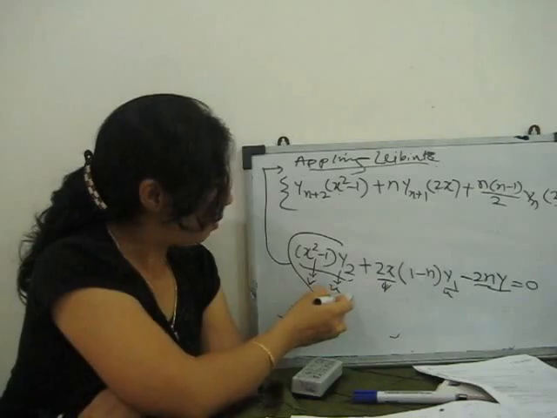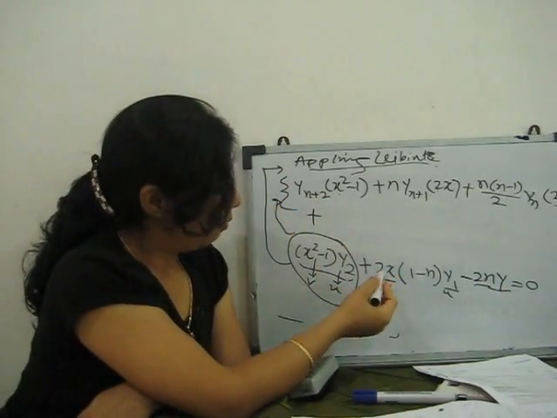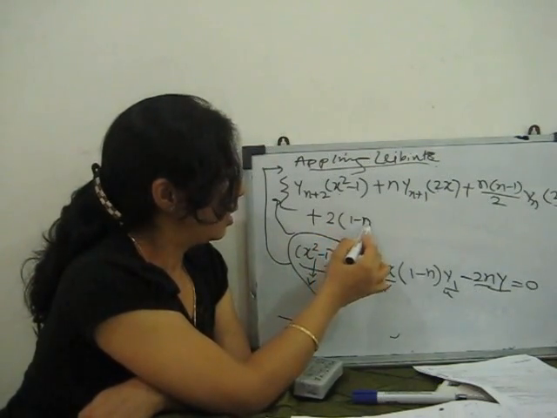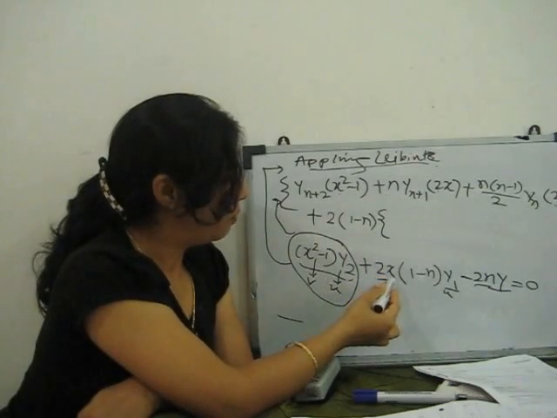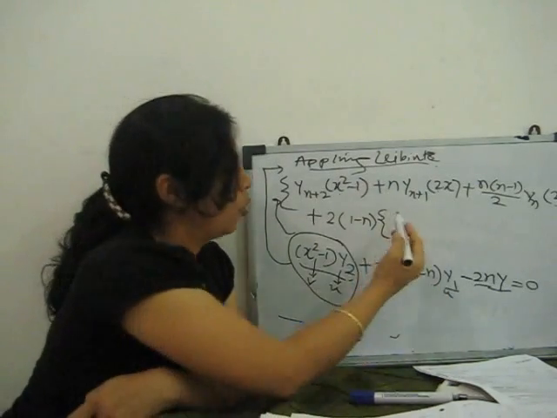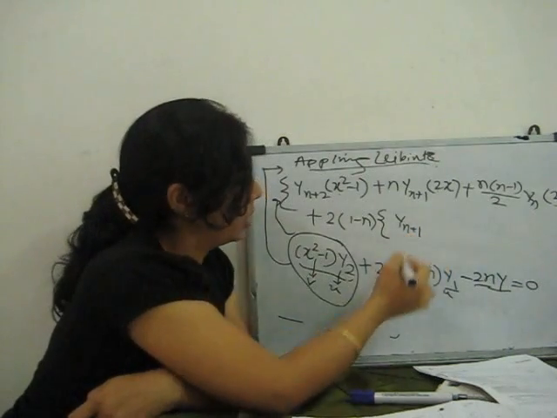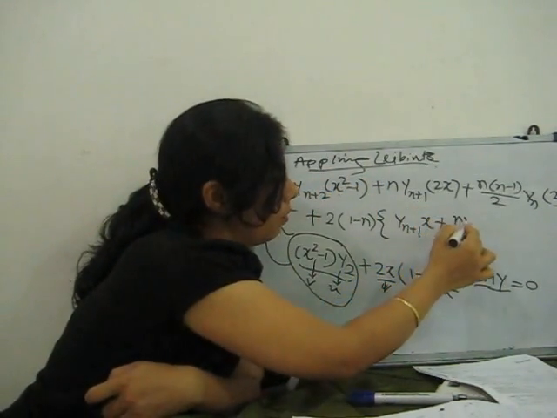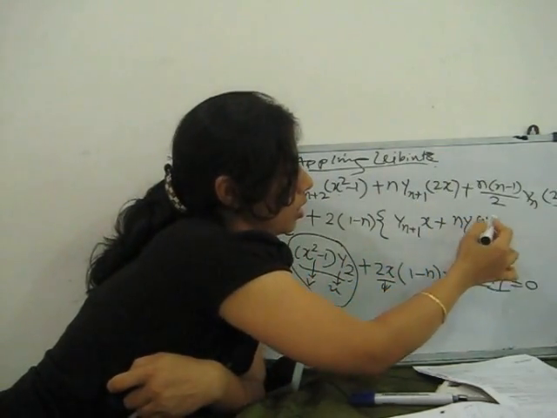So this we apply in the first term, plus we take the constant 2(1 minus n) outside. Next, our v is x. So for the first term, v n, y n plus 1 x plus n y n, the derivative of x is 1 only.